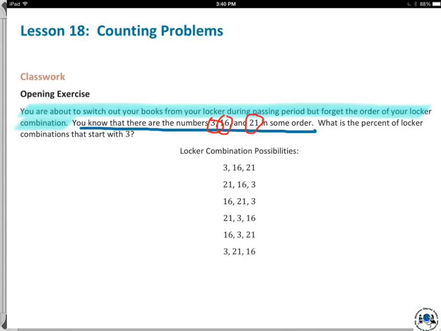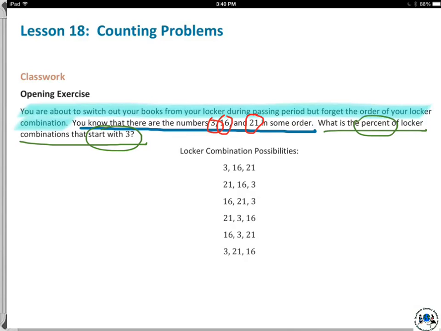I would like you to come up with a percent of the locker combinations that start with 3. Starting off with something pretty easy, you can get a feel for what this lesson's going to be. Lots of fun and not heavy at all. Go ahead and give me a percent, and I'll be back.